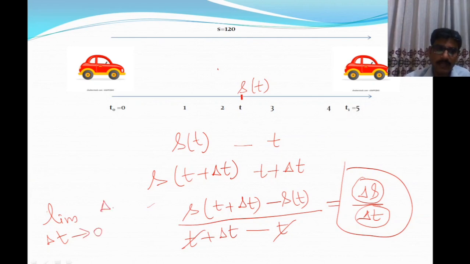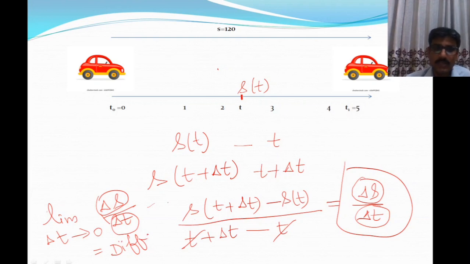So when delta t tends to 0, that means it becomes infinitely small, tending to the actual point t, and at that time the distance covered upon the time interval, this ratio is called the differentiation.